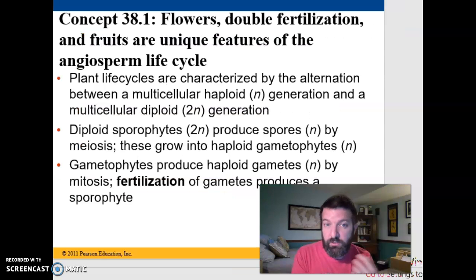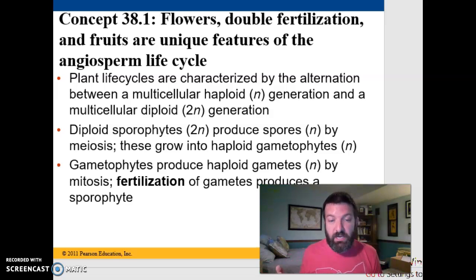Like other plants, angiosperms have life cycles that include an alternation of generations between a multicellular haploid stage, meaning 1N, one set of chromosomes per cell, and a multicellular diploid stage, 2N, or two sets of chromosomes per cell.